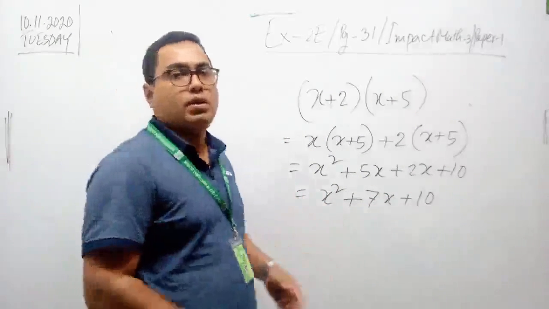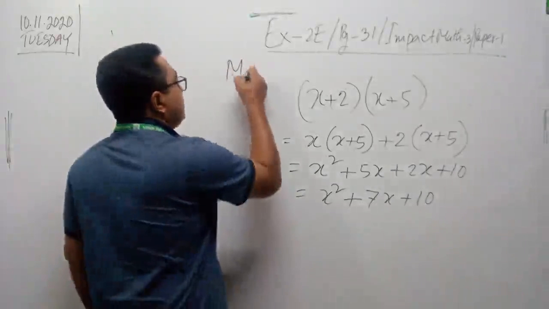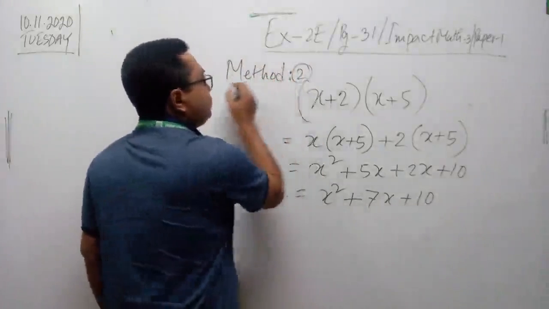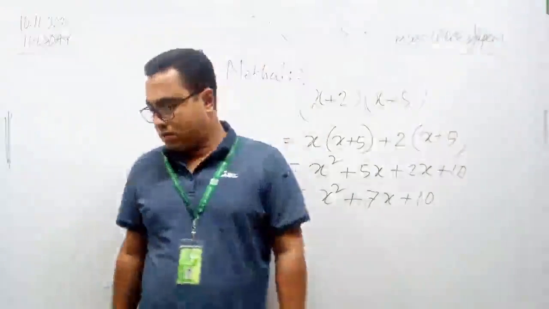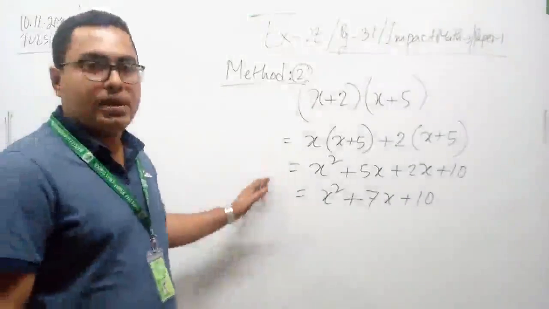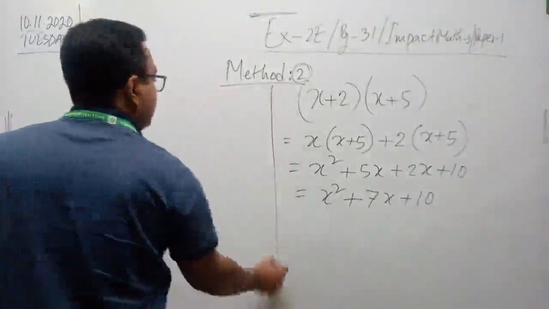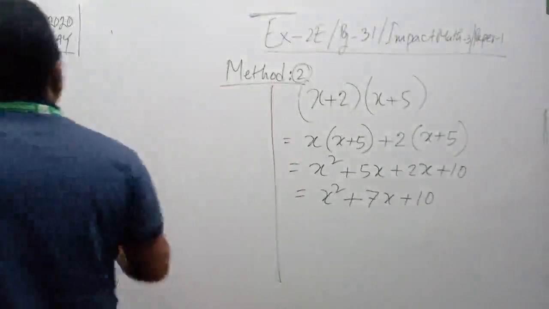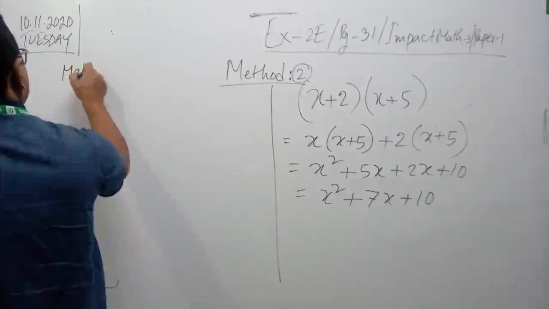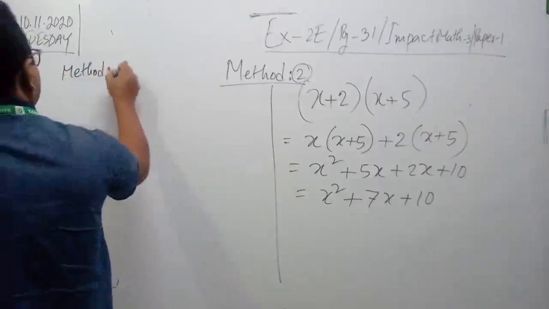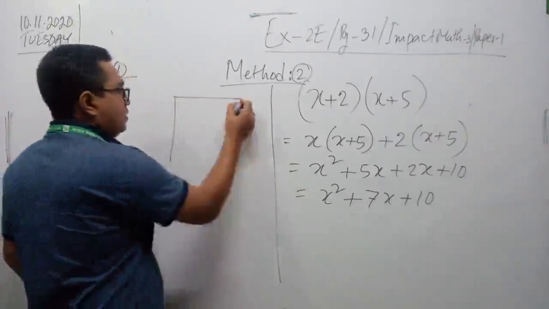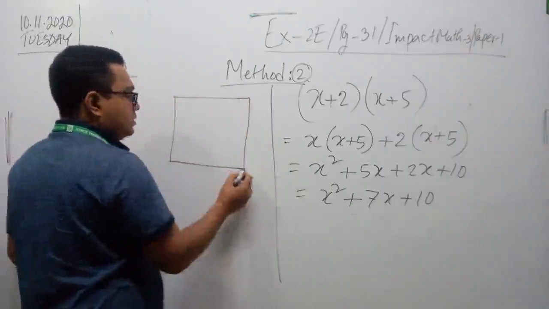In your book, they have given this method as method 2. This is one method. Another method is the quadrilateral.